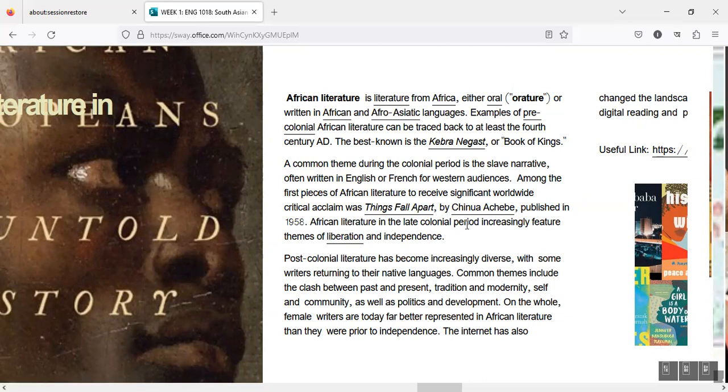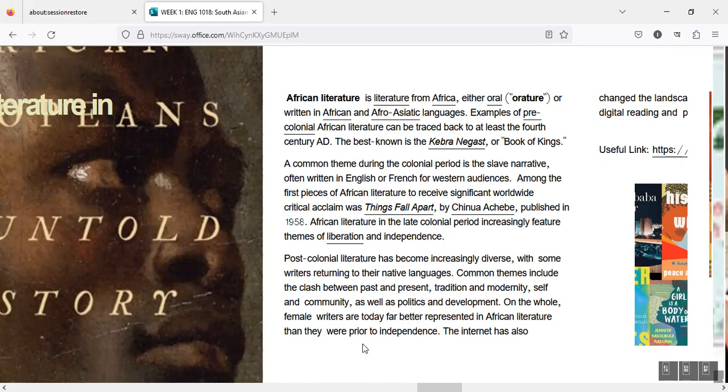African literature in the late colonial period increasingly featured themes of liberation and independence from British colonialism and imperialism. Post-colonial literature has become increasingly diverse, with some writers returning to their native languages. Common themes include the clash between past and present, tradition and modernity, self and community, as well as politics and development.